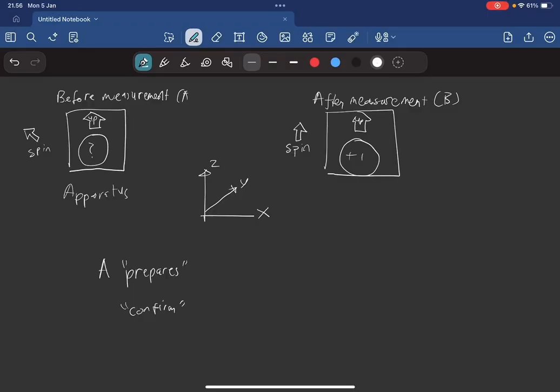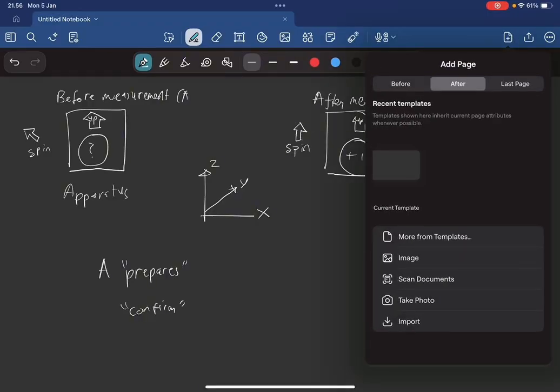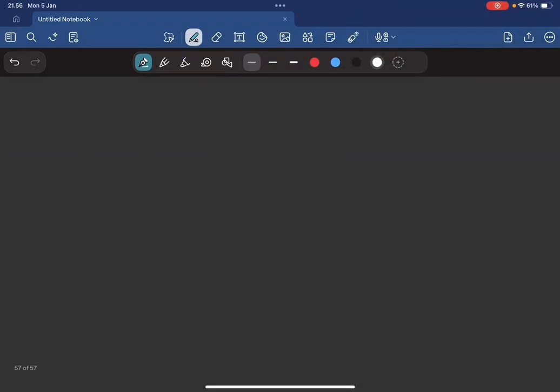Now let's do something new. After preparing the spin by measuring it with A, we turn the apparatus upside down and then measure sigma again. So now it's like this, upside down.